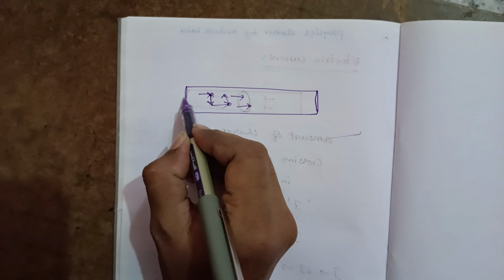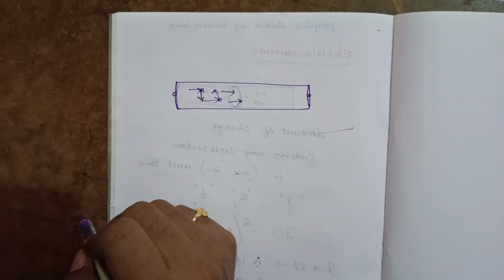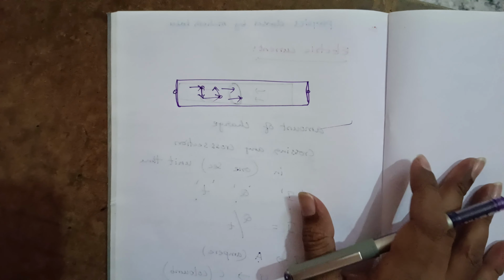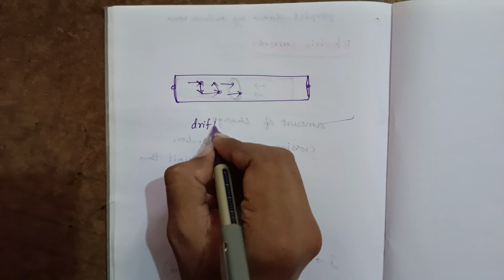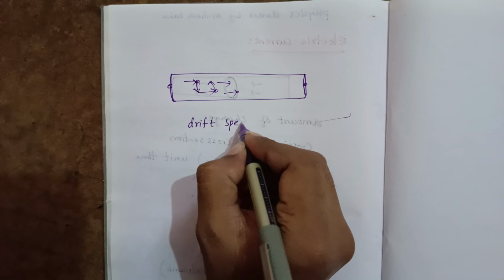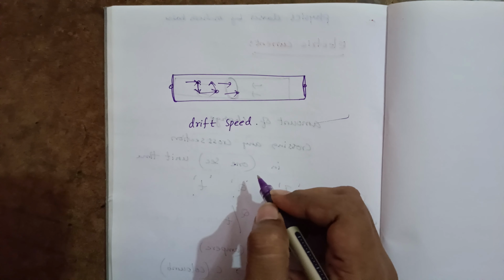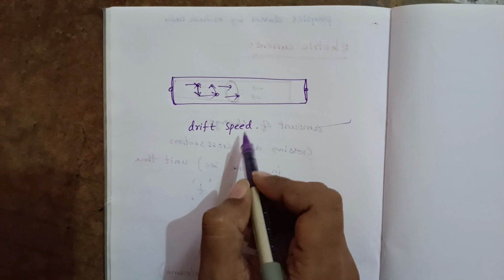So it starts from one point and reaches another point. Now it moves with a speed that is known as drift speed, or drift velocity.